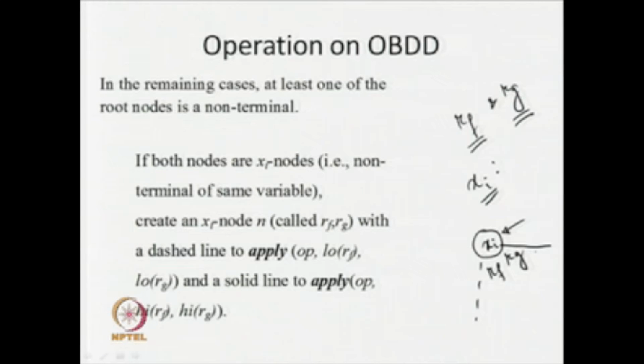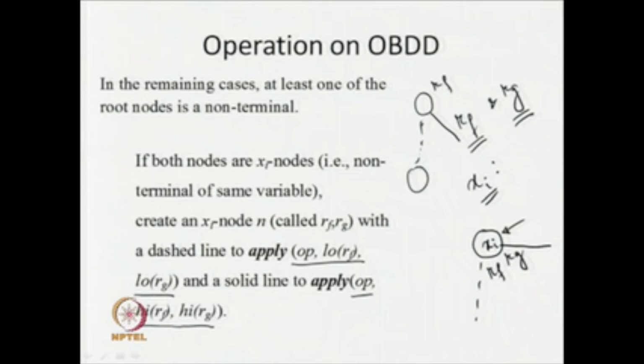So, in that particular case, we are going to apply this particular operation for your dashed line of LO RF and LO RG, apply OF high of RF and high of RG. So, basically what will happen, if this is my RF node, then I know that I am having two functions already defined.